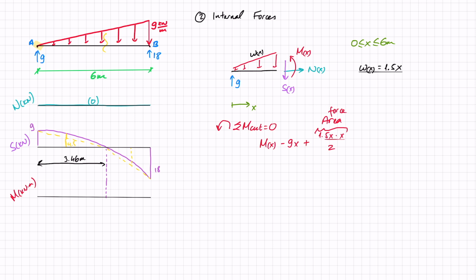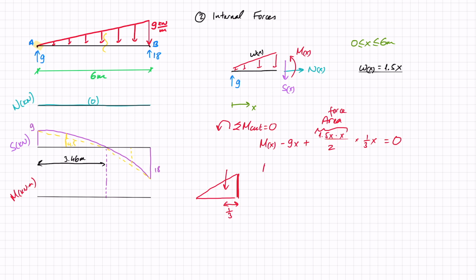And then I have to multiply that by the distance from the centroid. So let's just remember that wherever my x stops, the centroid is always going to be 1/3 of the length from the opposite side, from this side here. So it will always be times 1/3 of x, and that equals 0.